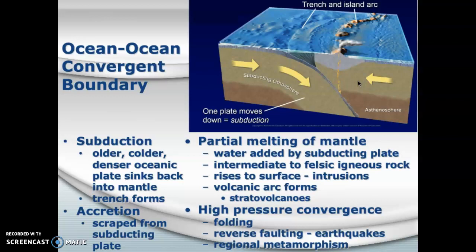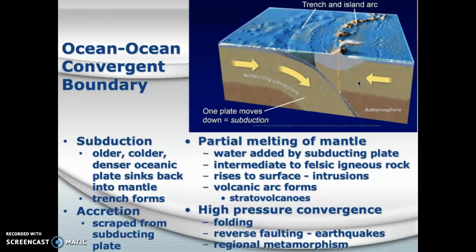There's some graphs and things to kind of show how this works in the book. But the way we simplify this is we just say it melts because we've added water. Now, one of the key things to understand about this is not all of the minerals present reach their melting point. And so the resulting molten rock, instead of being mafic, is intermediate to felsic.